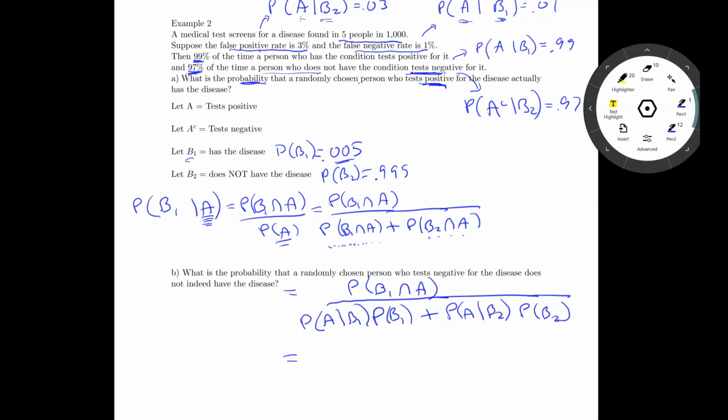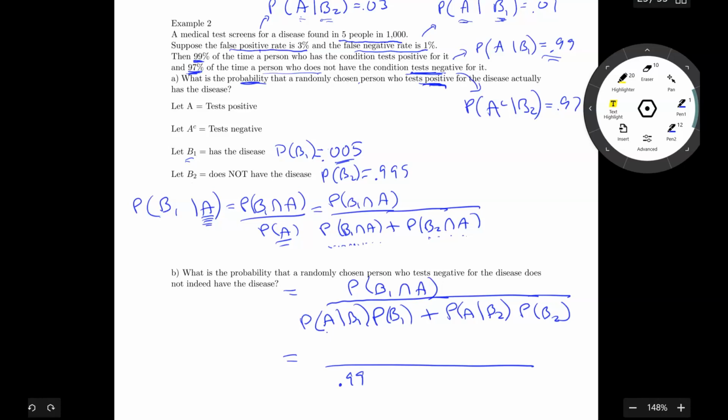So let me do the denominator here first. Okay, so the probability of A given B1 is 0.99, right? Right here.